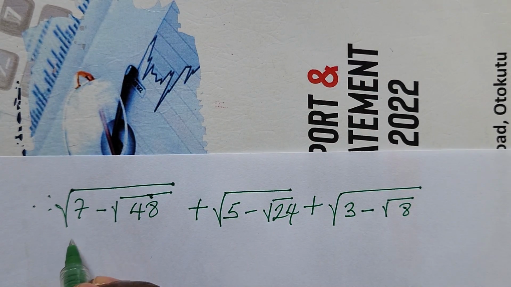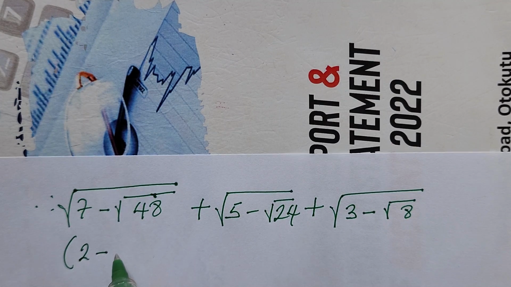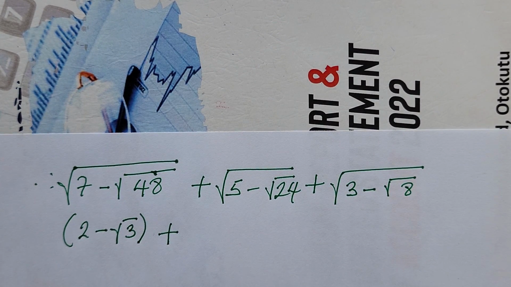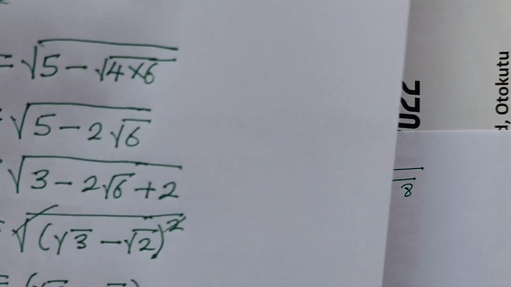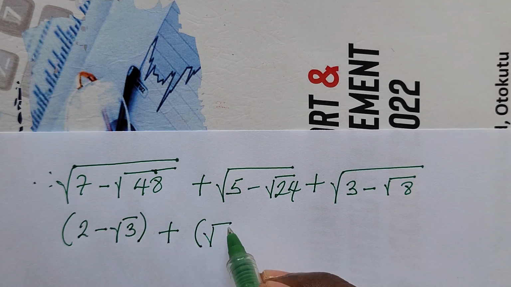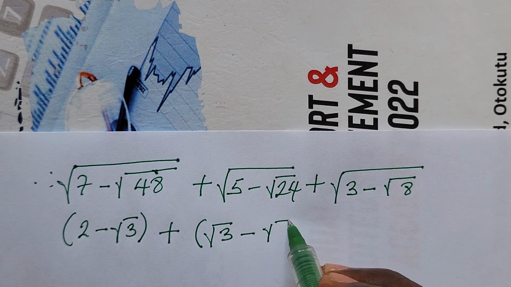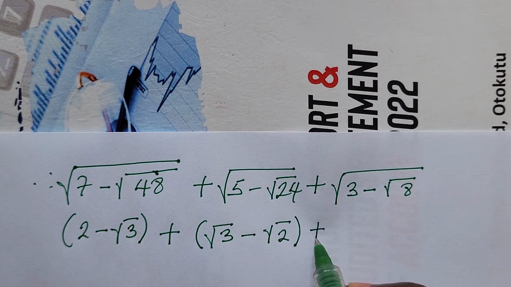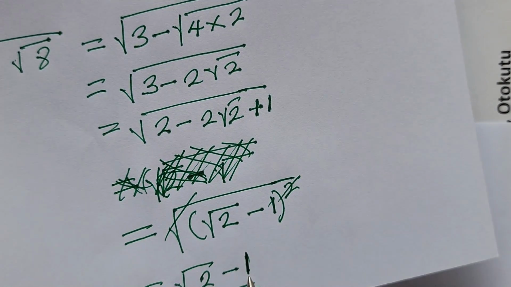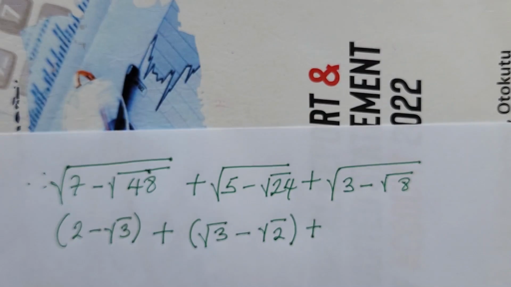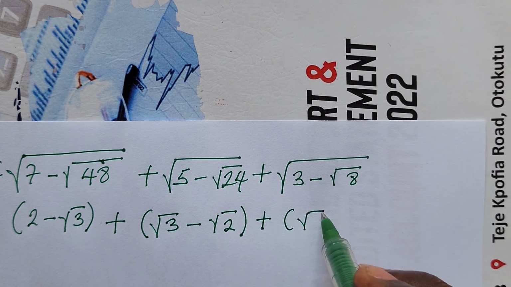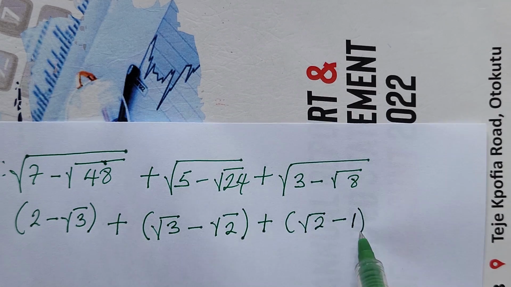So we're going to have bracket 2 minus the square root of 3 close bracket, plus the second term, which we simplified to give us bracket the square root of 3 minus the square root of 2 close bracket, plus lastly, this term, which we solved to be bracket the square root of 2 minus 1.